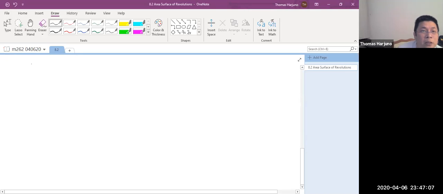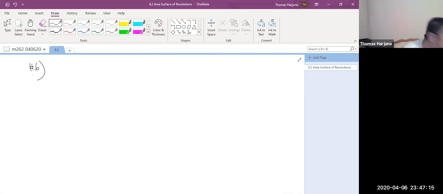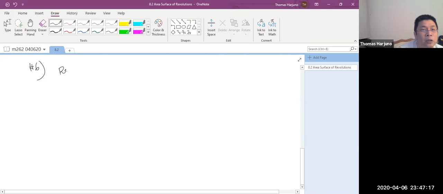Number 6, we have: find the exact area of the surface obtained by rotating, so the revolution with respect to the x-axis, of this curve: 9x equals y squared plus 18 for x between 2 and 6.